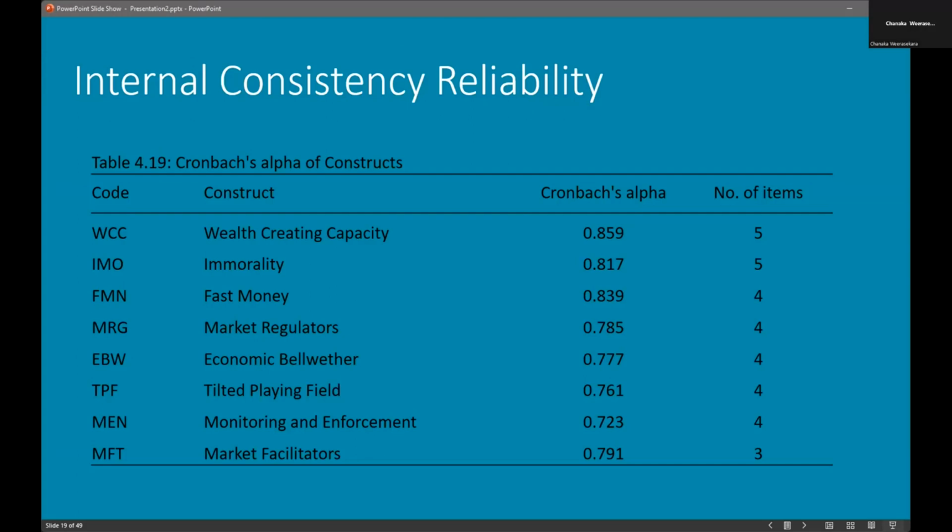That's why we normally tend to run a factor analysis. When it comes to factor analysis, there are two ways we can do it. First, we can go for exploratory factor analysis, or we can go for confirmatory factor analysis. The difference between exploratory and confirmatory is, now this one is more towards exploratory.